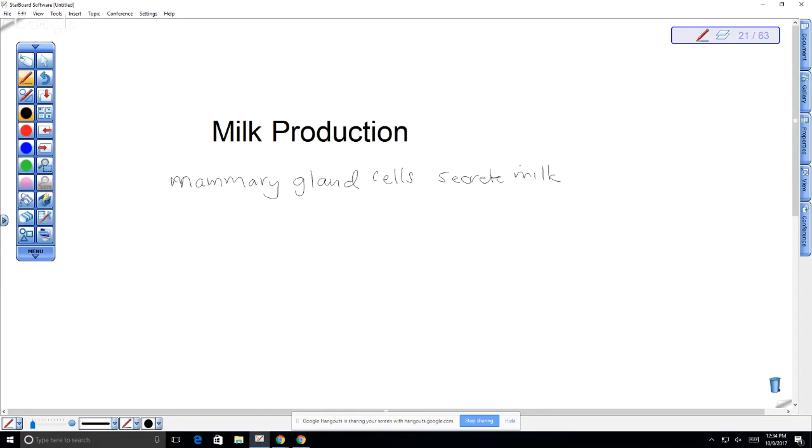When we look at the components of milk, we find that there are lipids. Specifically triglycerides, which would be like animal fats, and that tends to be saturated, right? So it'd be like saturated triglycerides. So this is animal fat.